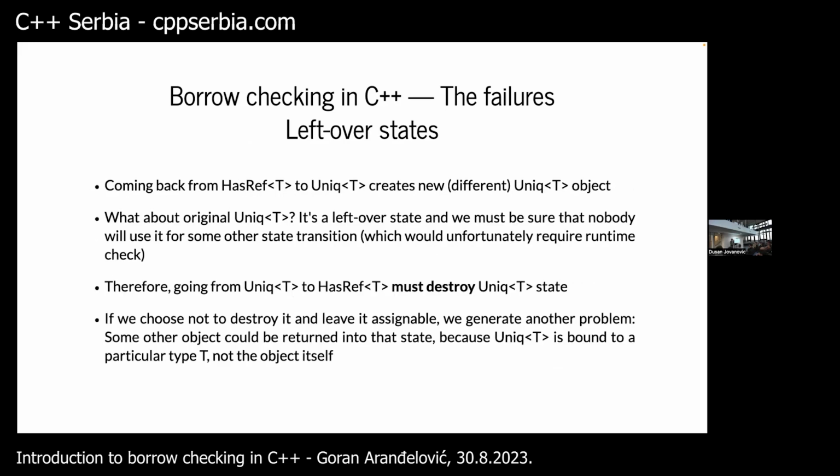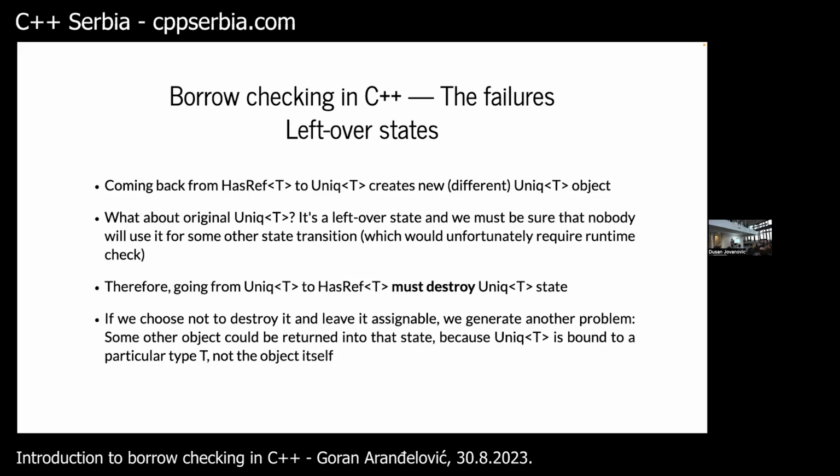Also, one of the problems that I mentioned is leftover states. Let's say that you want to come back from reference to unique ownership. As I mentioned, because we are not using C++ references, we are returning values.